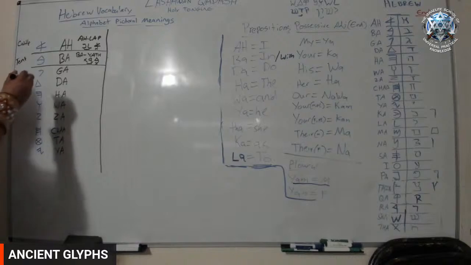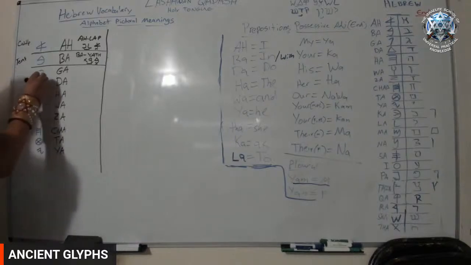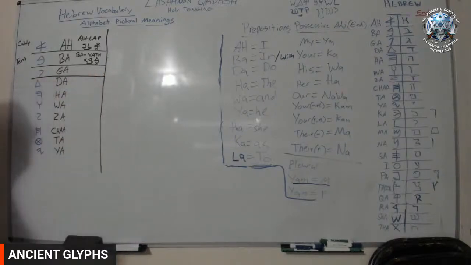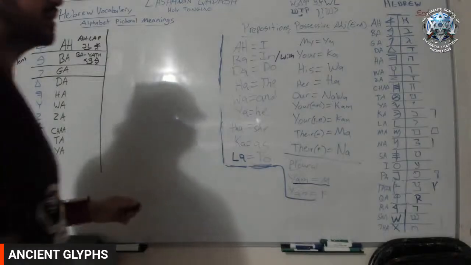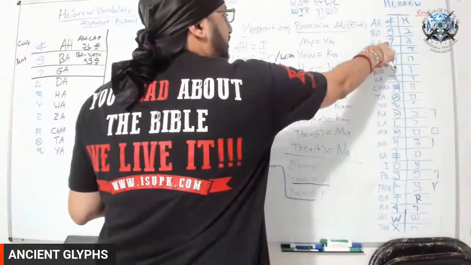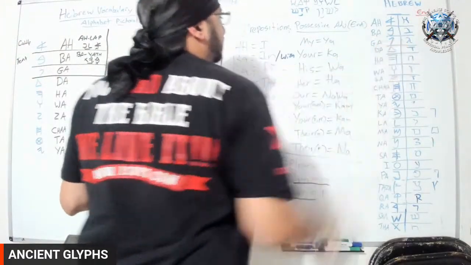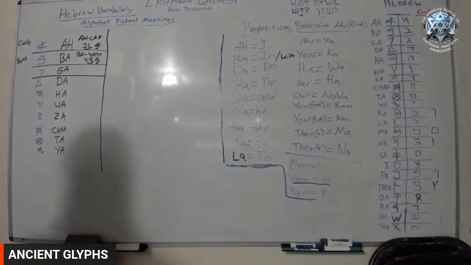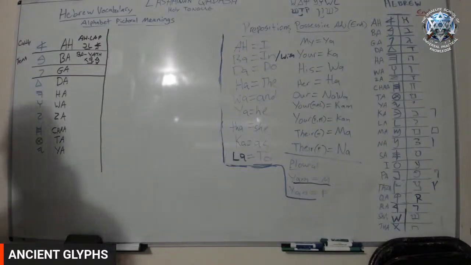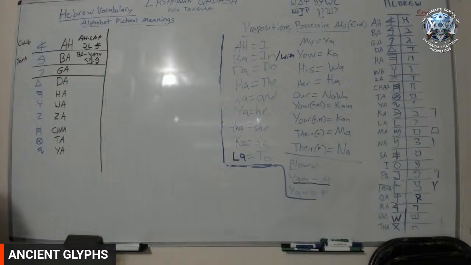Now, the next glyph on the chart, gam. Again, it looks like this in the ancient Hebrew, and it looks like this in the modern Hebrew. But gam means a very specific type of cattle, the cattle that you don't eat. These three things right here, think about this for a second.